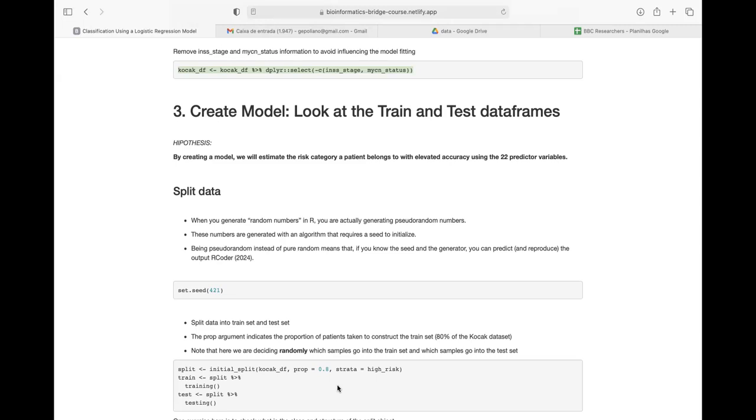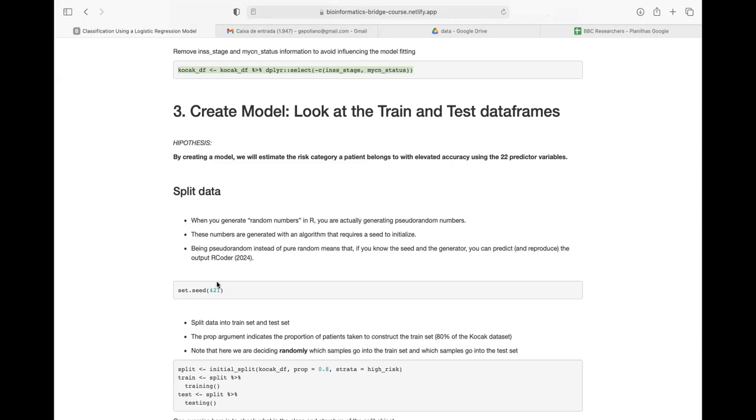I am not entirely sure about the answer to that question, but what I can tell you is that that's going to be one way to explain this set seed command, because what the initial underscore split function is going to do is it's going to randomly choose which patients go to the train and which patients go to the test data frames.